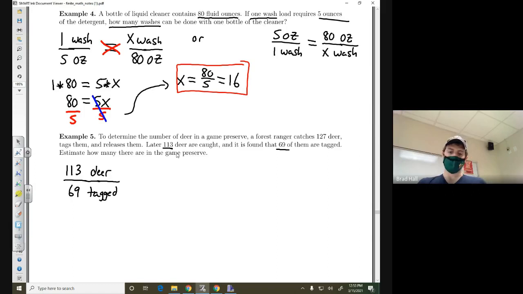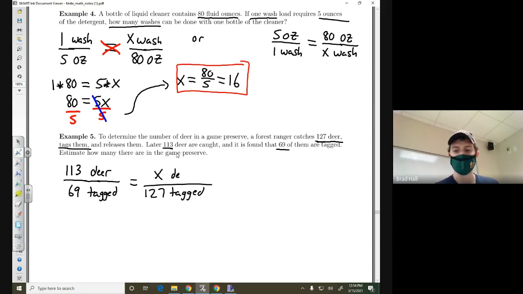And of course, we see the 127, so that's going to go somewhere. That's going to be tagged, because it says they catch 127 deer and tag them. 127 tagged. So by process of elimination, there's x deer.